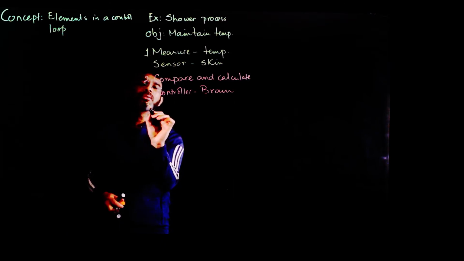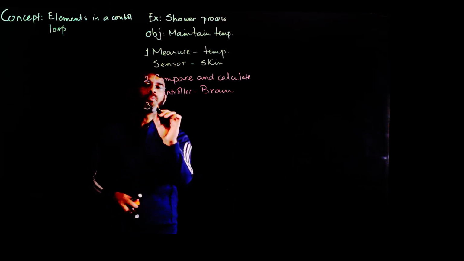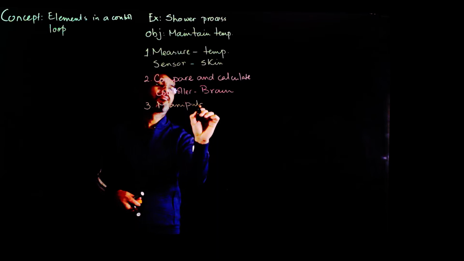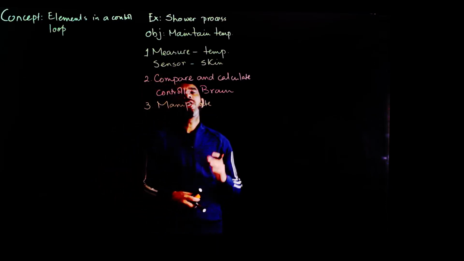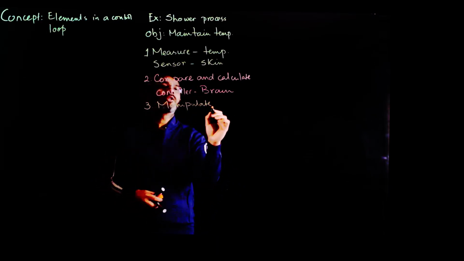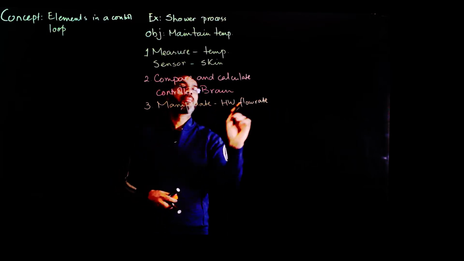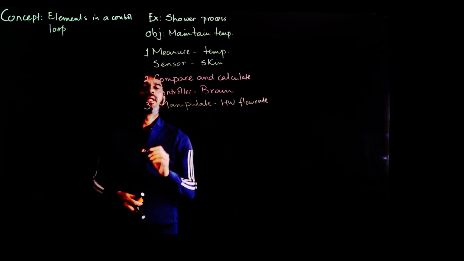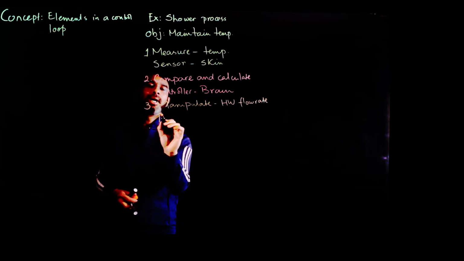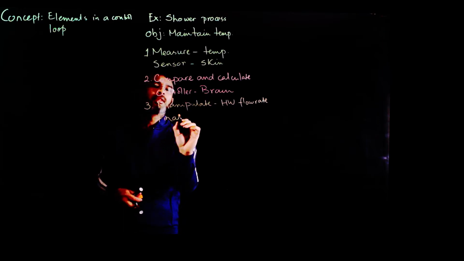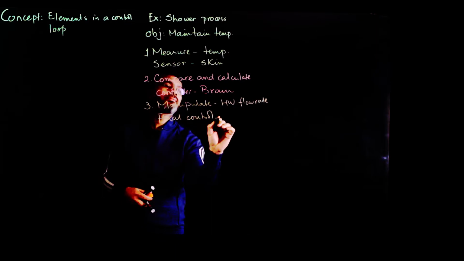Now, we decided to manipulate the hot water flow to maintain temperature. So, the third step is to manipulate. We want to manipulate the hot water flow rate. That is done by what is named the final control element.